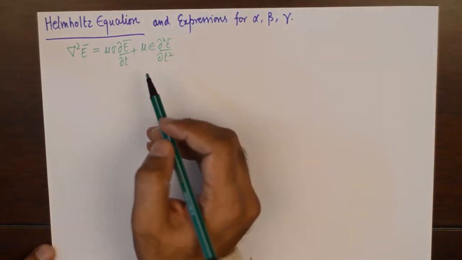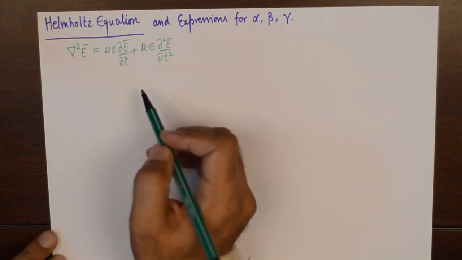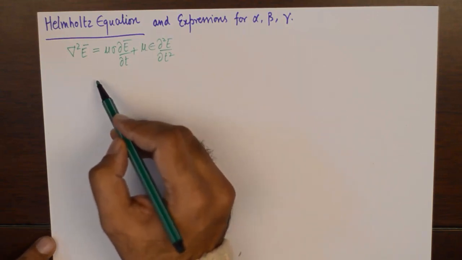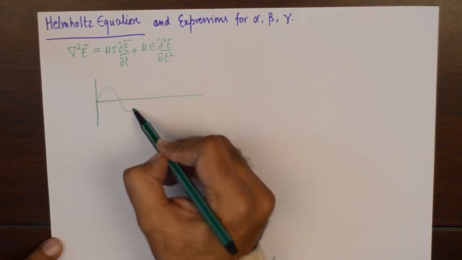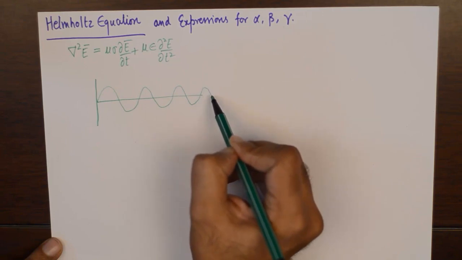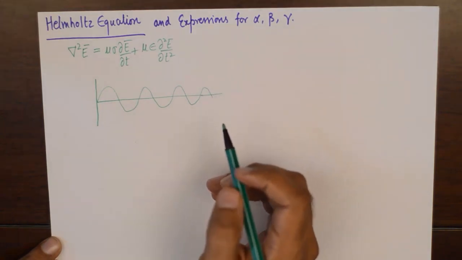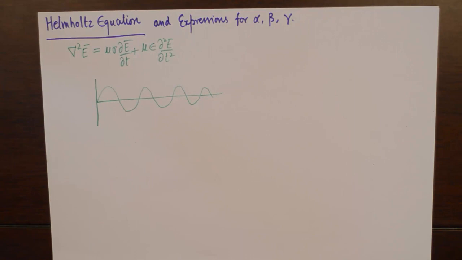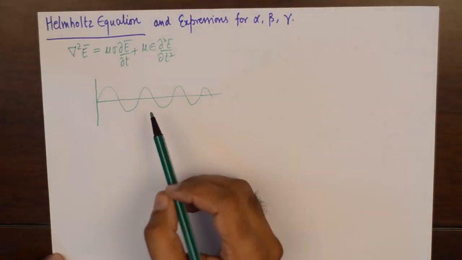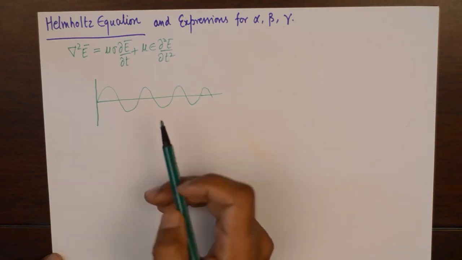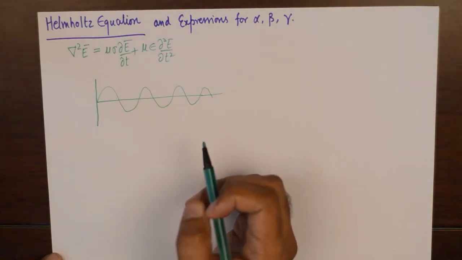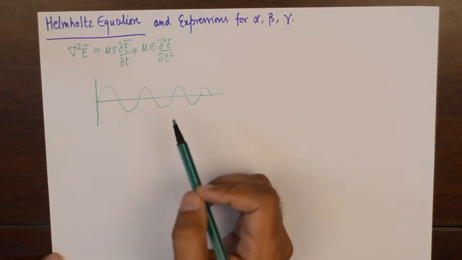Now what happens is, if a wave is traveling in certain direction, the basic nature of any propagation of electromagnetic wave is that it is most likely to be sinusoidal in nature, and there are two properties associated with the propagation of these kind of waves.